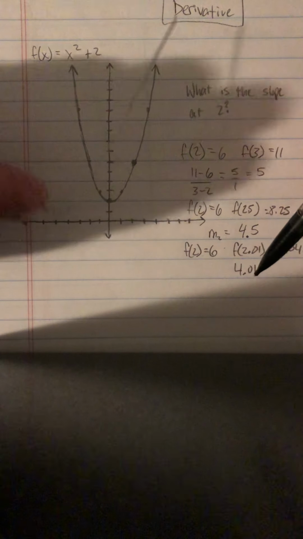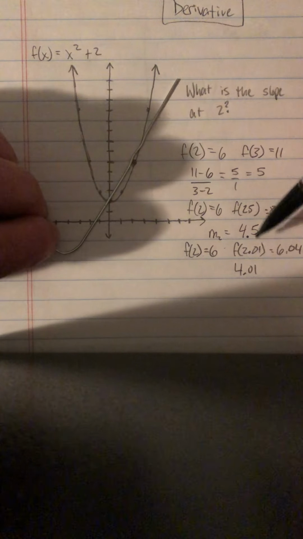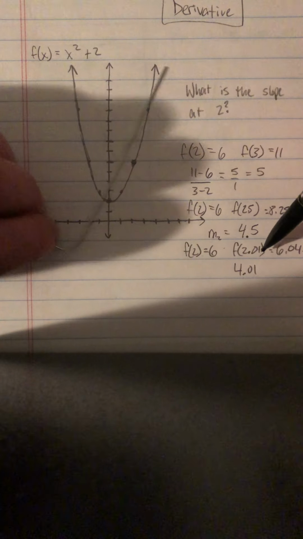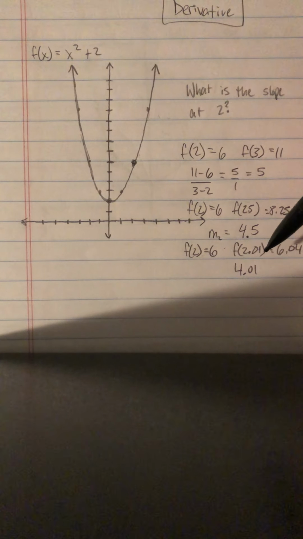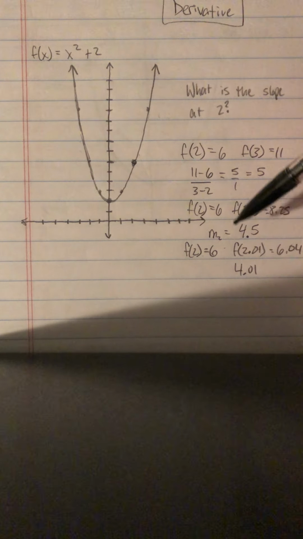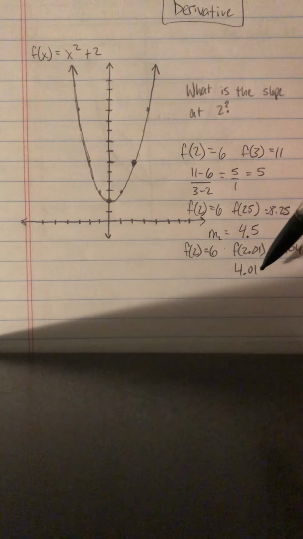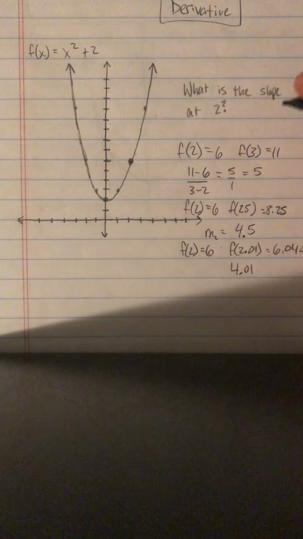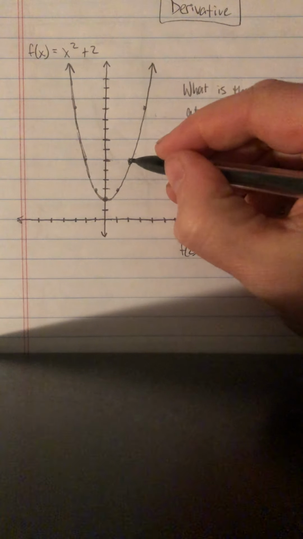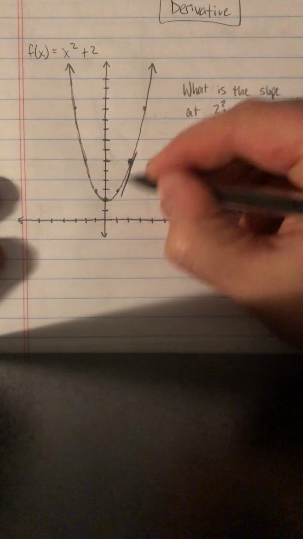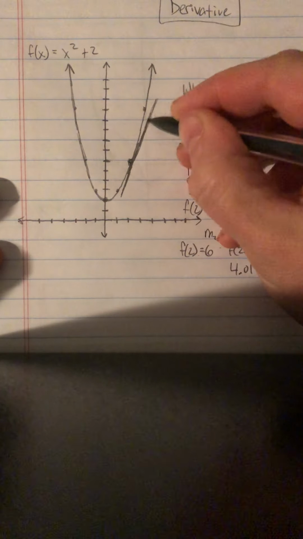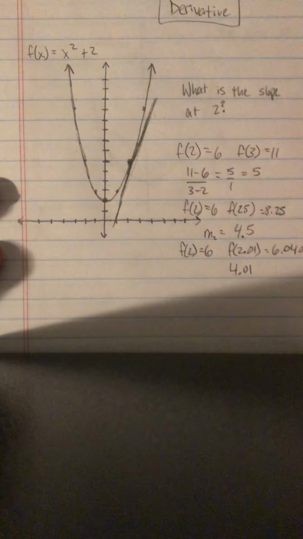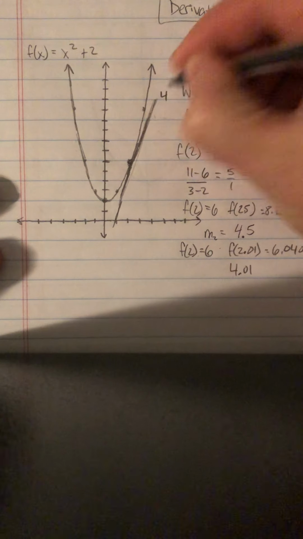And we would actually, if we were in class, we would keep making this number smaller and smaller. We would say, try 2.001, 2.0001. And you would see this number get closer and closer and closer to 4. Actually, the slope of this, the tangent line, because that's what the instantaneous slope is, just a tangent line, that is 4.